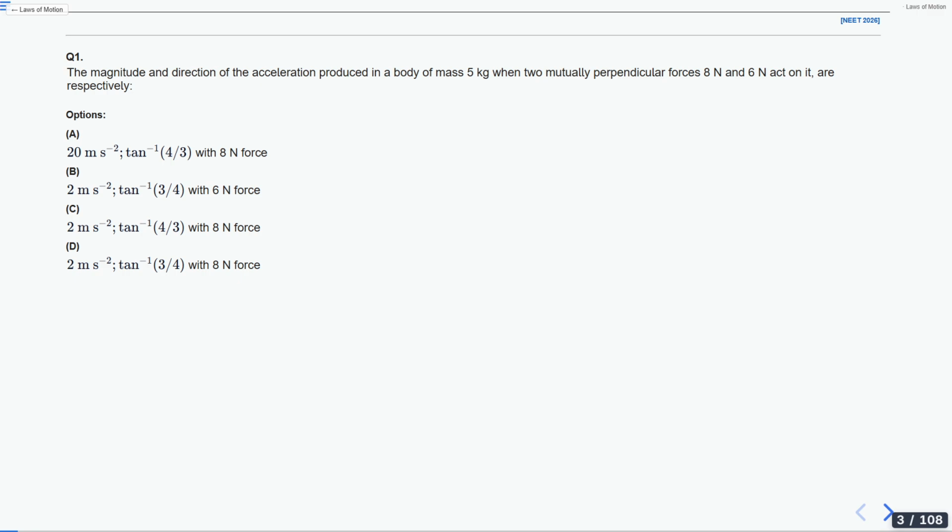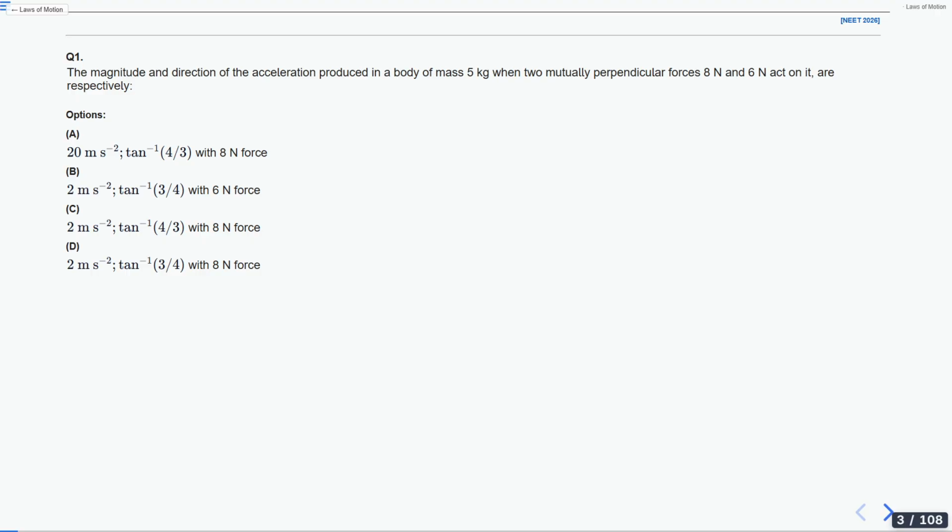First we will find the net force, then by Newton's second law, force equals mass times acceleration. To get the acceleration, divide the force by the mass, which is given as 5 kg. So what you have to find is the resultant of 8 Newton and 6 Newton when they are perpendicular to each other.